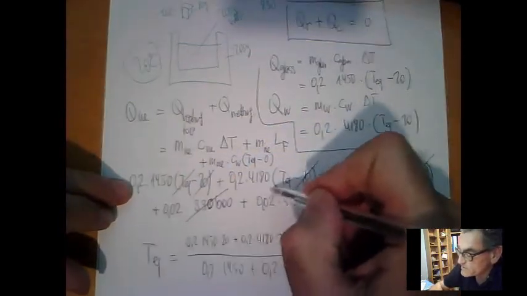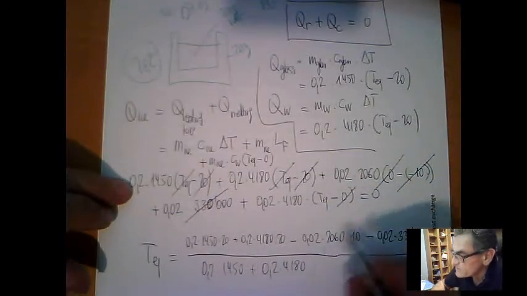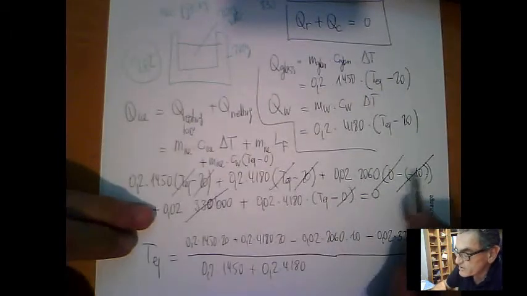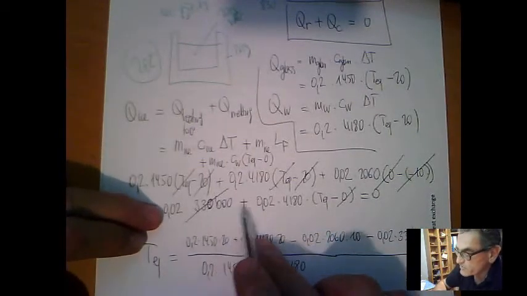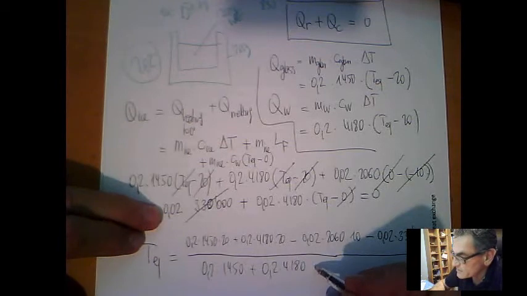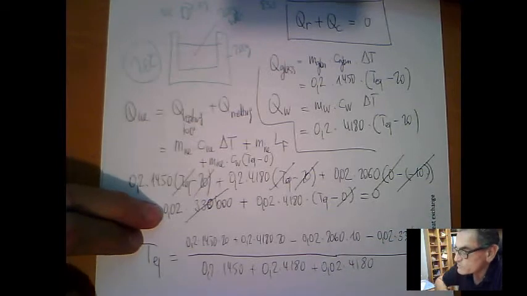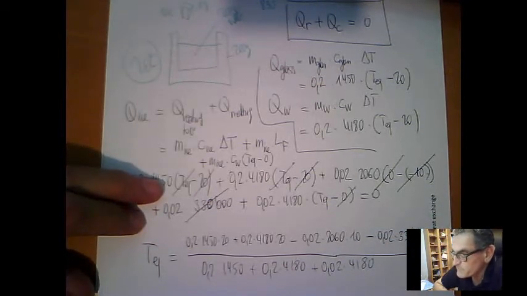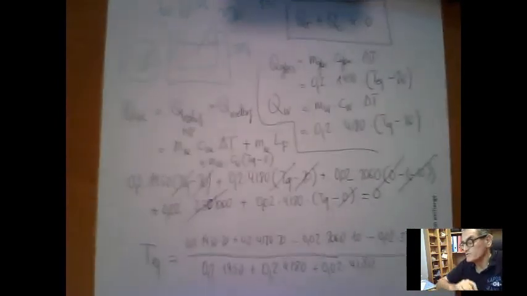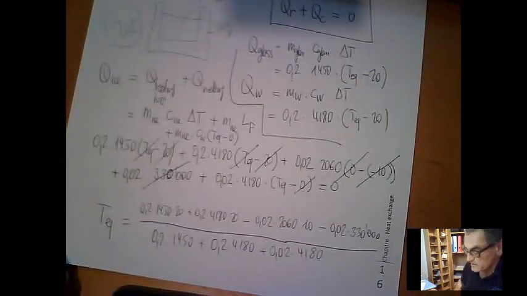Here there is nothing depending on Tx, and here there is plus 0.02 times 4180. Okay, and now if I didn't do anything wrong, this should give us a result. So I'm going to try to compute that.